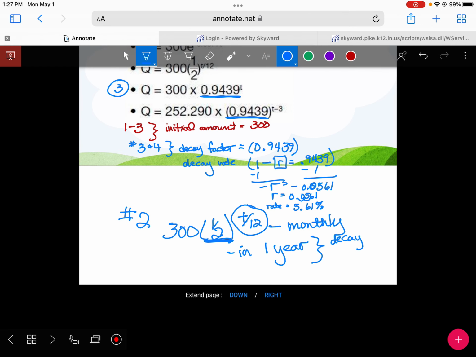Don't put it on the final. So 300 times 1/2 is 150, which is half of what we started with. So in 1 year, the decay is half. We've reached half of our material.